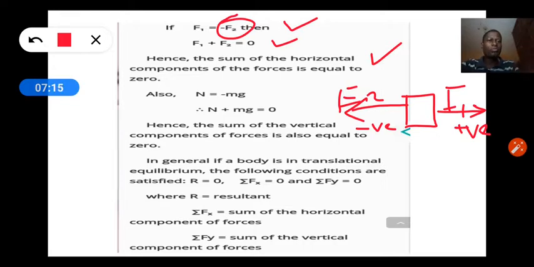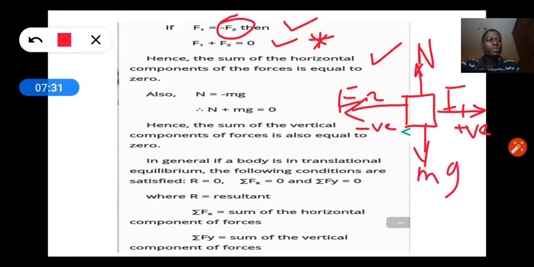So that equation that I marked here is showing that it is equal to what? 0. Now let's look at the upward force, which we call N, and the downward force, which we call mg.